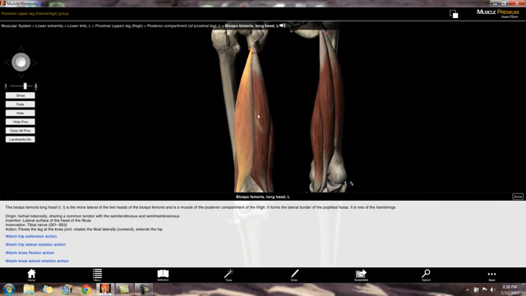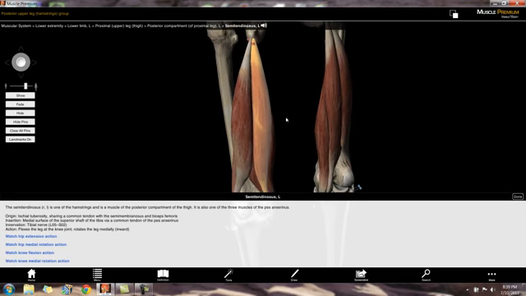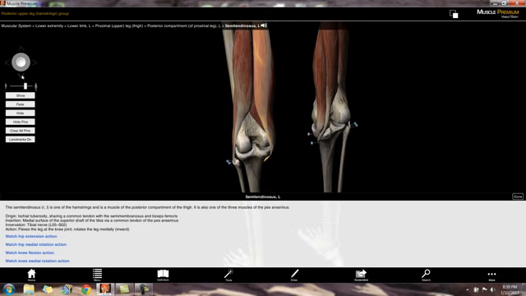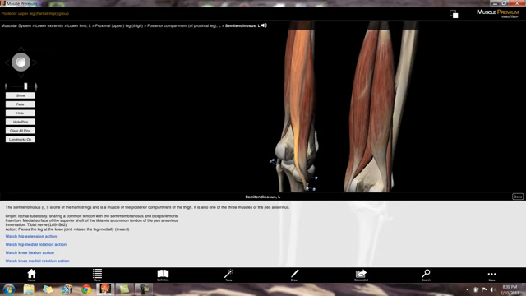The muscle right next to it is the semitendinosus. And the semitendinosus, again, originates from the ischial tuberosity and then courses down and attaches medially with the sartorius and the gracilis, so that those three tendons form that pes anserinus.